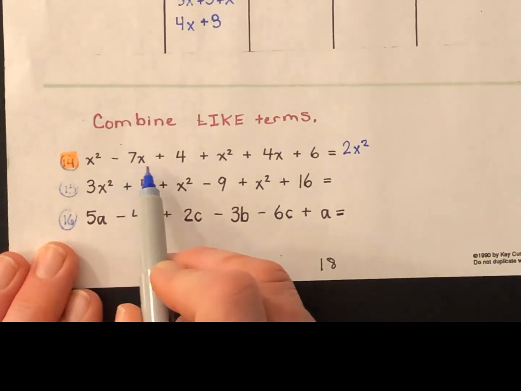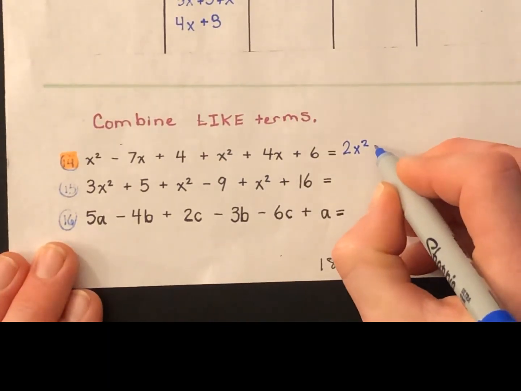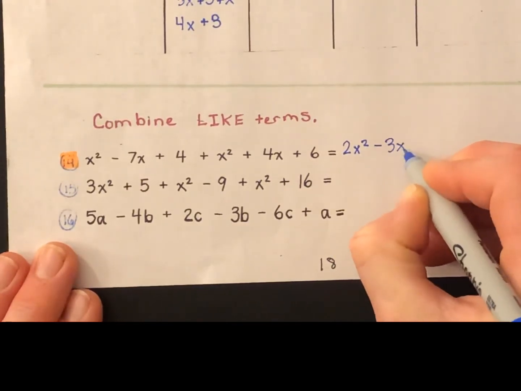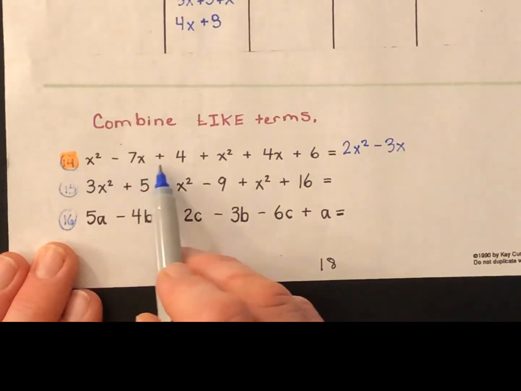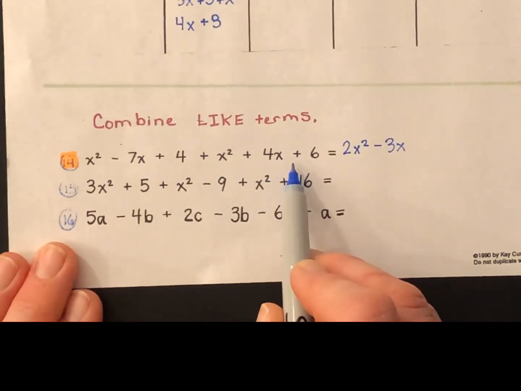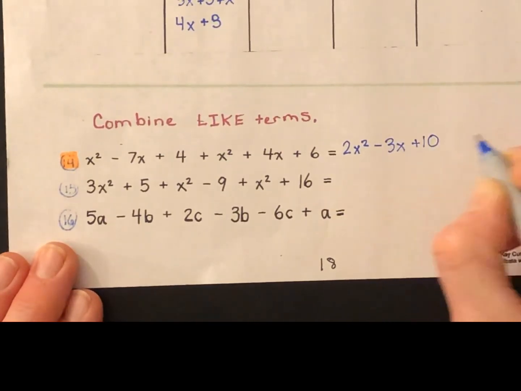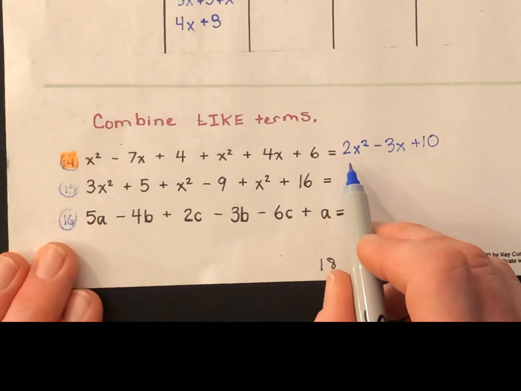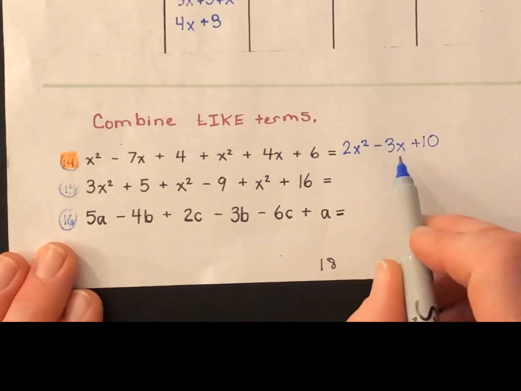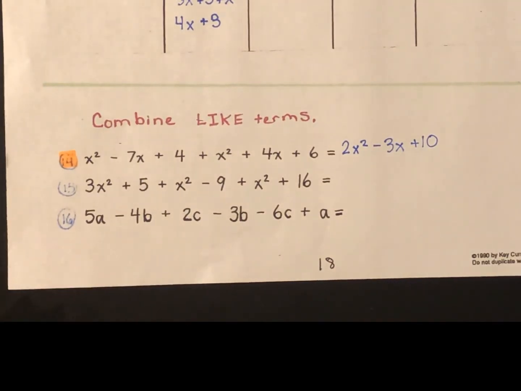Negative 7x plus 4x would be negative 3x. 4 plus 6 would be 10. So that gives us 2x squared minus 3x plus 10. Go back and finish 16, 17, and 18.